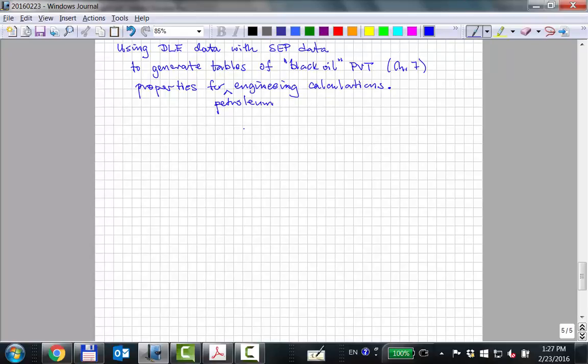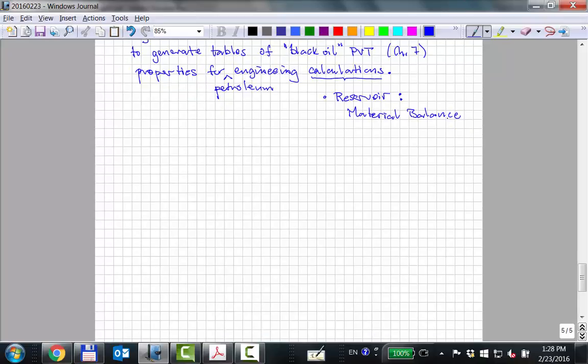Those calculations would include, on the reservoir side, if you're going to do reservoir engineering, what's called material balance calculations. This is the old school way of treating recovery efficiency of oil and gas from a reservoir by producing it by depletion.